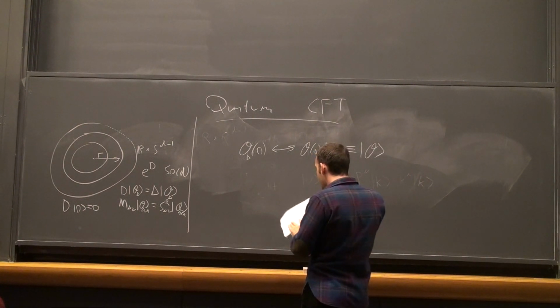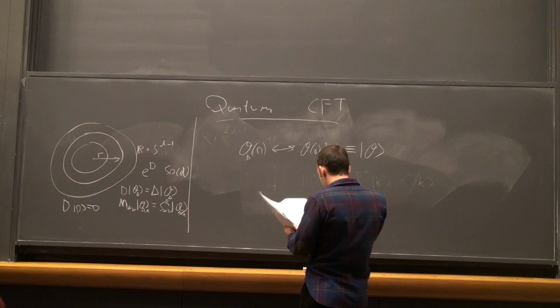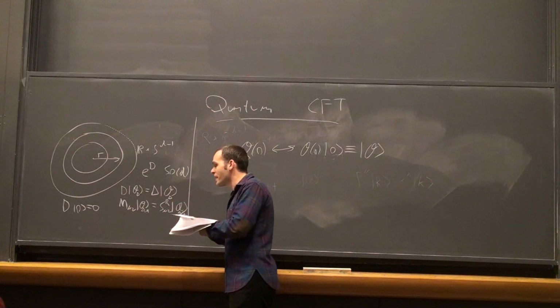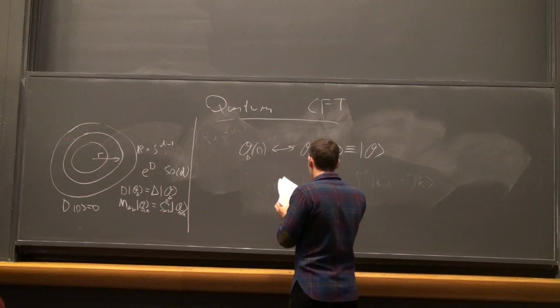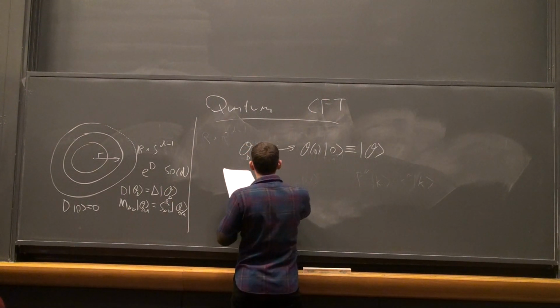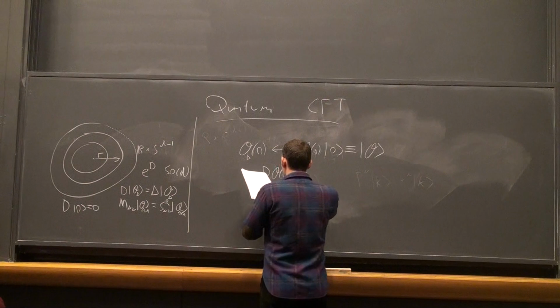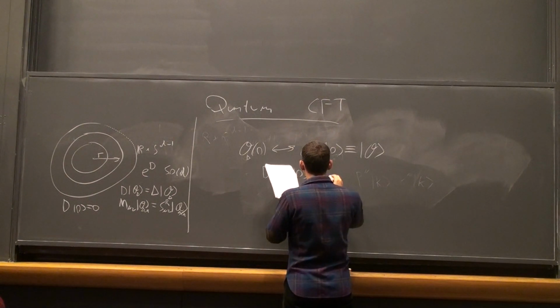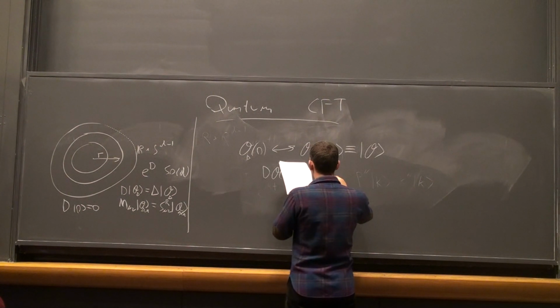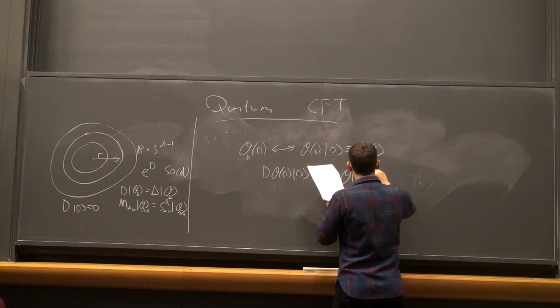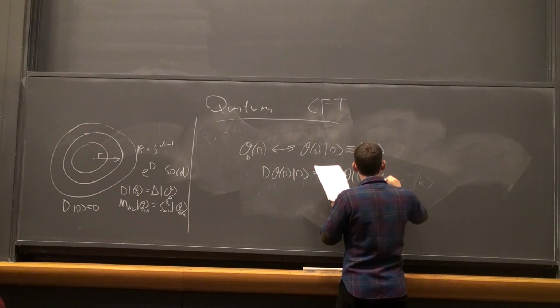So just as a check that this satisfies the expected definition, i.e. what a good well-defined state should be in this quantization, let's act on this operator O with the dilation generator. So this is just the definition of the state. We can turn this into a commutator, with the vacuum.